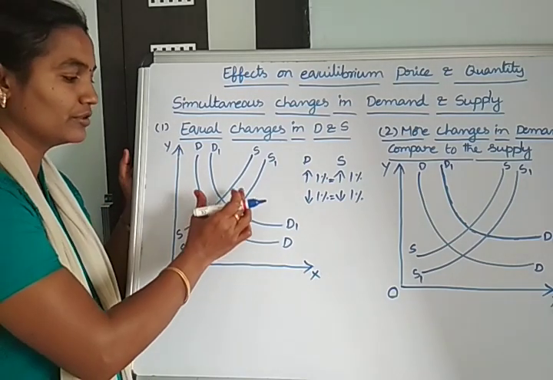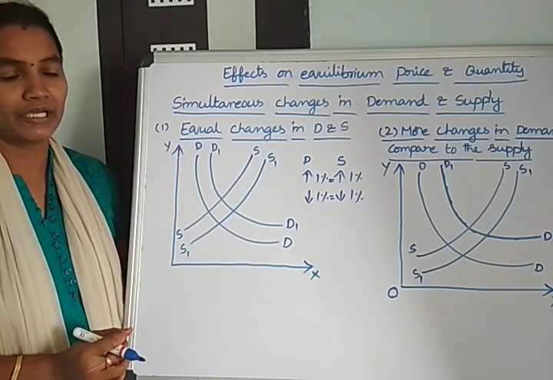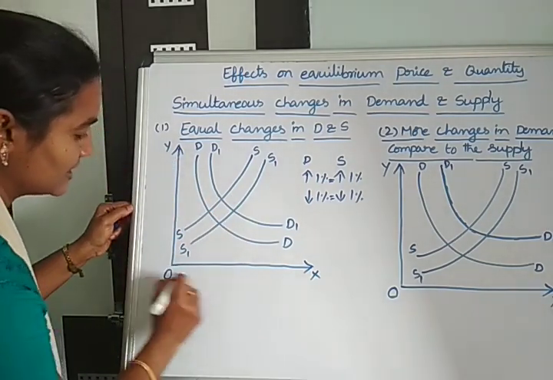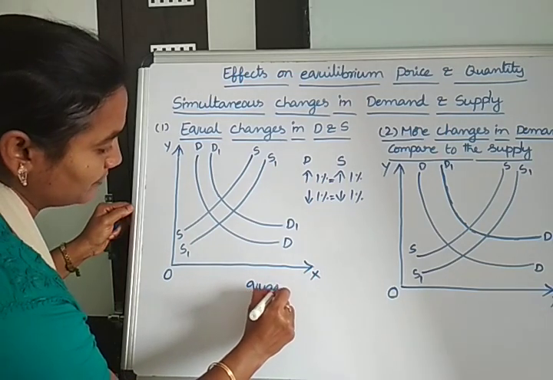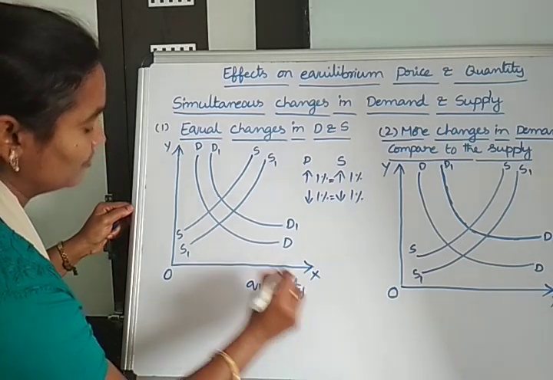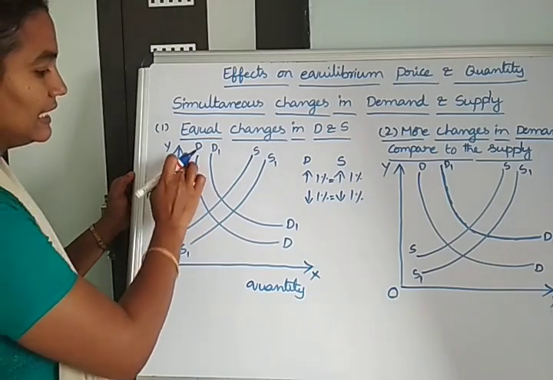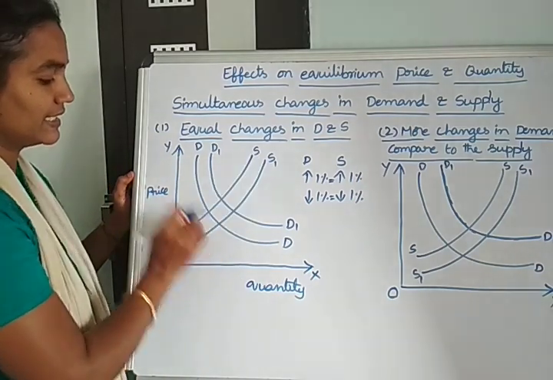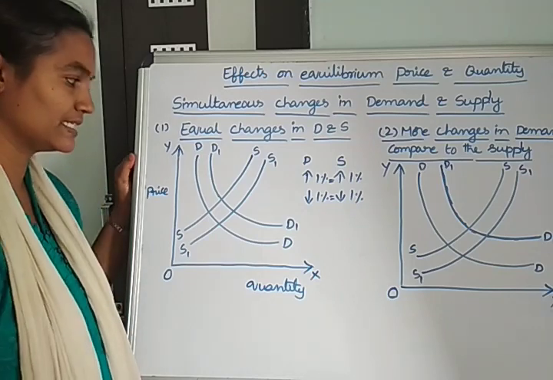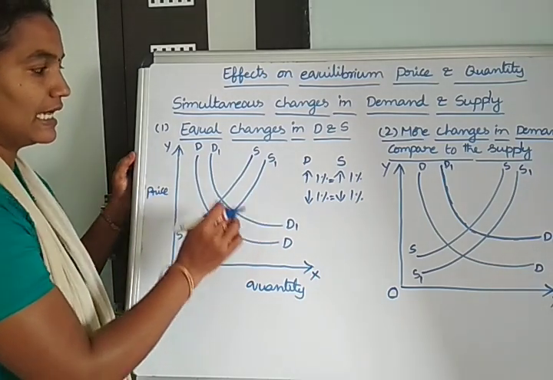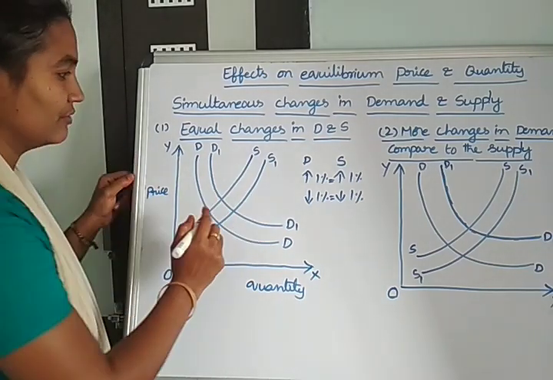Now we show this using a diagram. In this diagram, the OX axis represents quantity, and the OY axis represents the price of the commodity. DD and SS are the original demand and original supply curves.